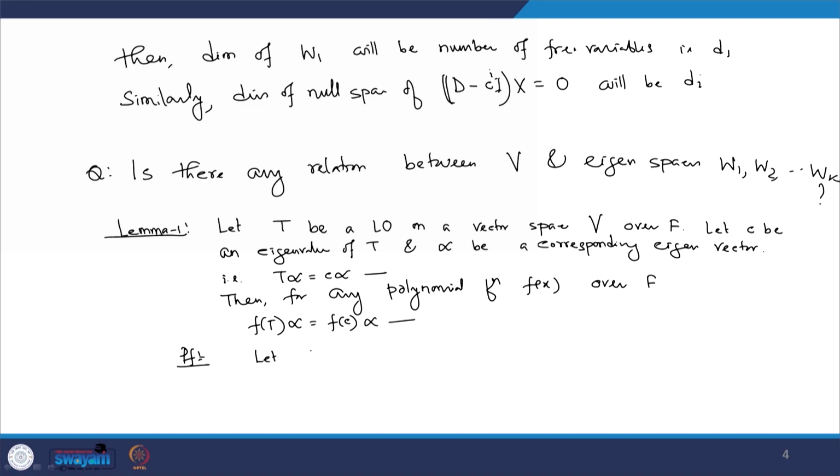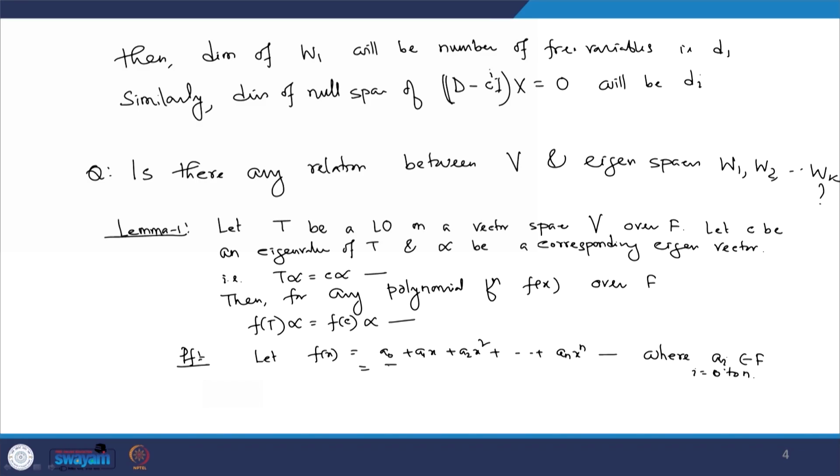Let f(x) be the polynomial function, equal to a0 plus a1 x plus a2 x square plus ... plus an x to the power n, where ai are from the set capital F, i equal to 0 to n.